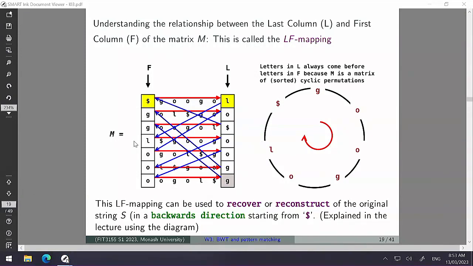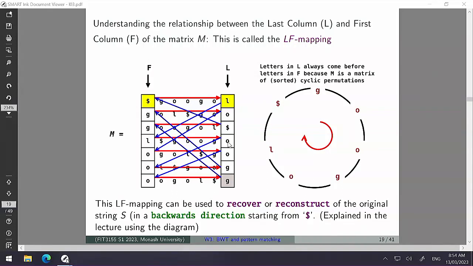I'm pointing my mouse to it, for those who are online, everyone can see where my mouse is, right? So this maps to position 4. What comes before L is whatever is in the last column of that row. So what comes before L is the last letter O.